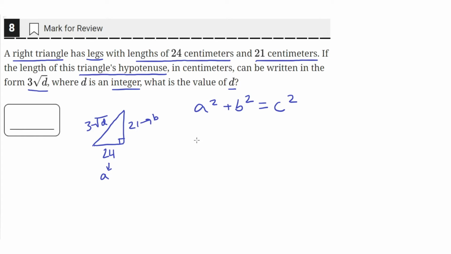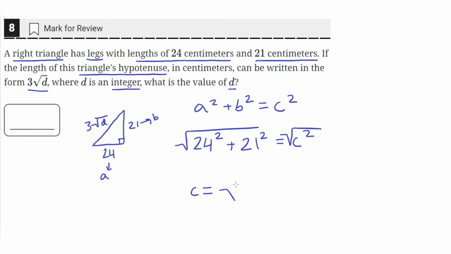Okay, so a is 24 squared plus b, which is 21 squared, and then this will equal c squared. So then to solve for the value of c, we can take the square root of both sides. When we take the square root of c squared, we're left with just c, and then the square root of 24 squared plus 21 squared.